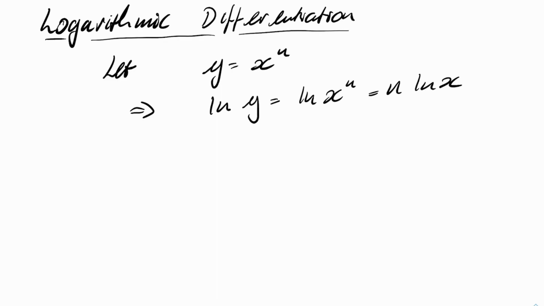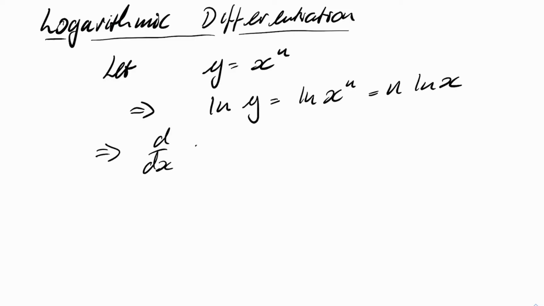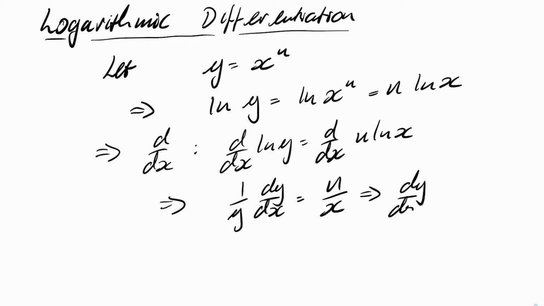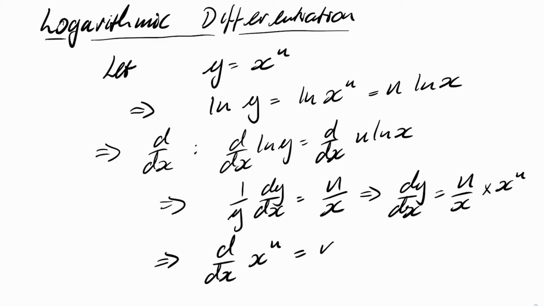Now, if I differentiate both sides of this, remembering that y is a function of x, the derivative of log y is y prime over y, which implies dy by dx is n over x times y, which is x to the n. If I resubstitute for y, d by dx of x to the n is n x to the n minus 1.